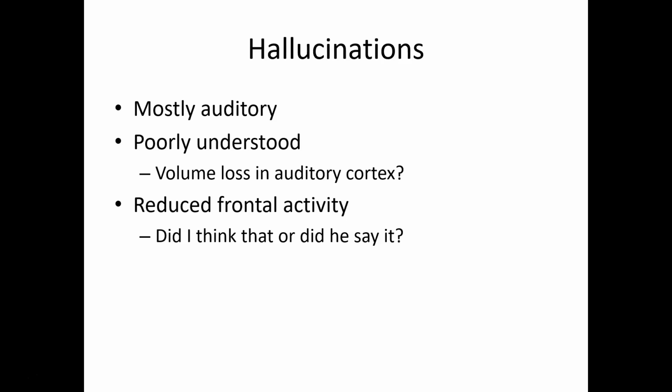So it's basically engaging in self-observation and reporting conscious inner thoughts, desires, and sensations. If you don't have that frontal activity, it's entirely possible that you're not able to create that tag that says, I said that. So one of the more interesting ideas that I've heard about hallucinations in schizophrenia is that a lot of the hallucinations are people thinking to themselves, like most of us do all the time.